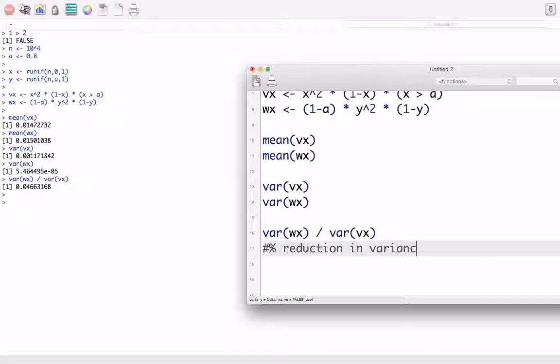So what's the percentage of reduction in variance relative to Vx? Can somebody answer me?